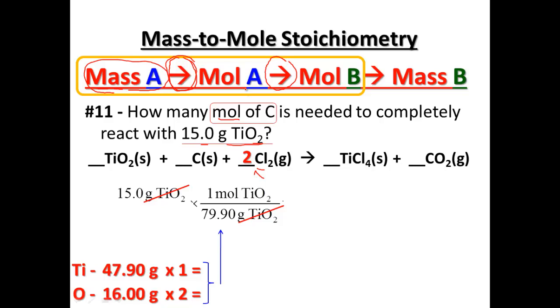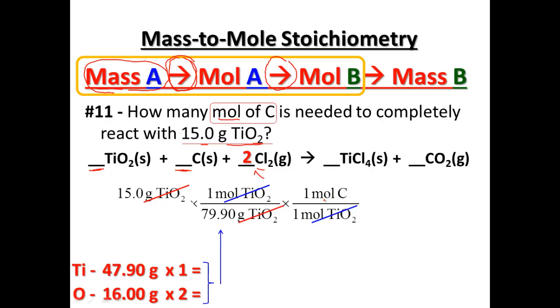Now we're in moles of A. To get to moles of B, we have to look at our balanced chemical equation. Titanium oxide to carbon is a 1 to 1 ratio. So since it's a 1 to 1 ratio, we're still needing to write it. 1 mole of titanium oxide on the bottom, 1 mole of carbon on the top.